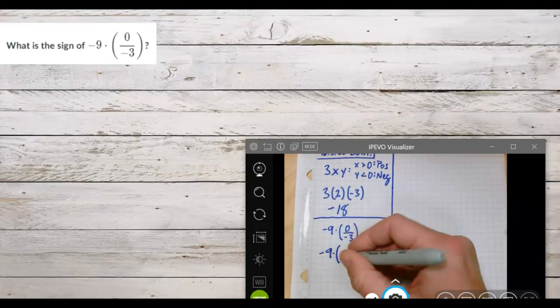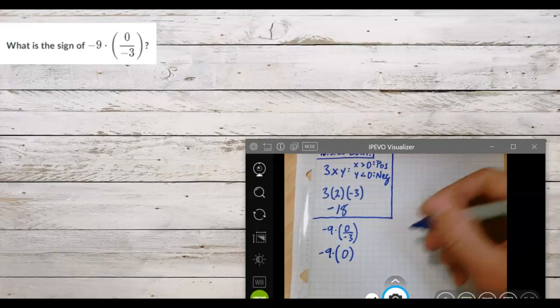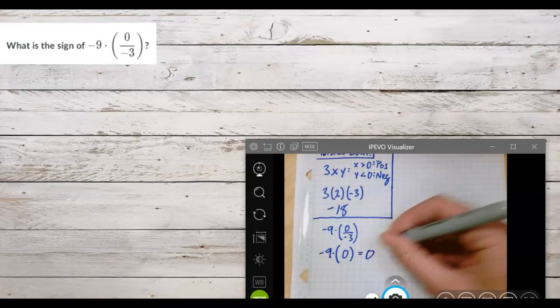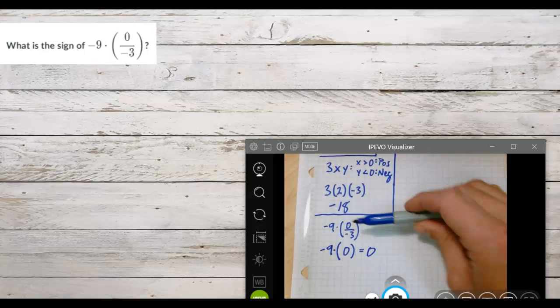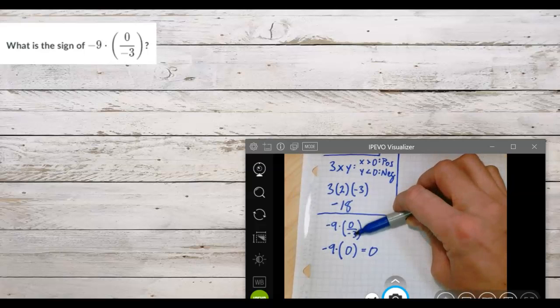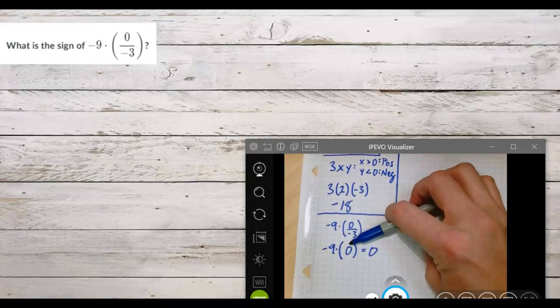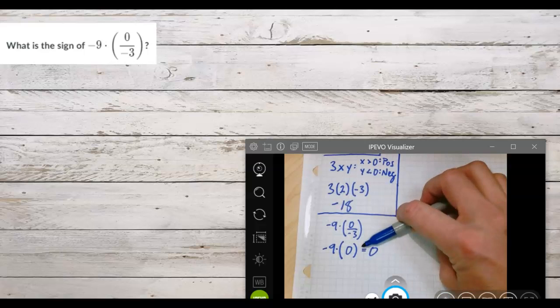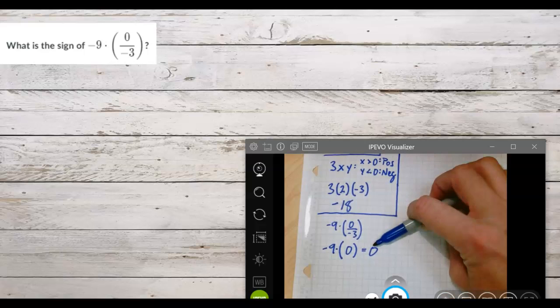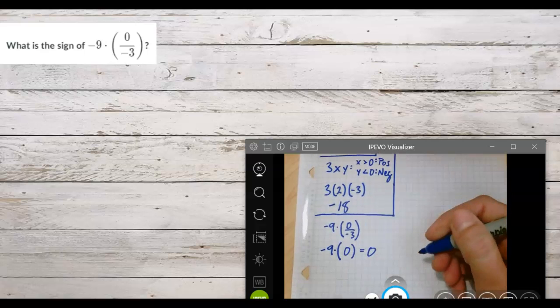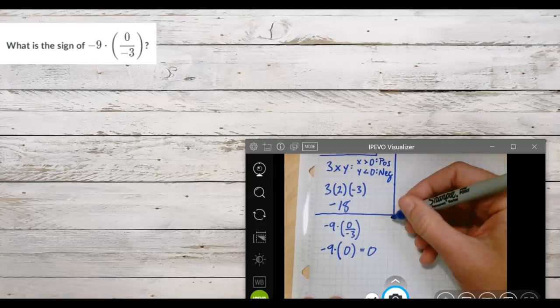Well, anything times 0 is 0. So absolutely, if we see a 0 in a numerator, that is 0. If we multiply by a 0, it is 0. Any questions on these 0 rules?